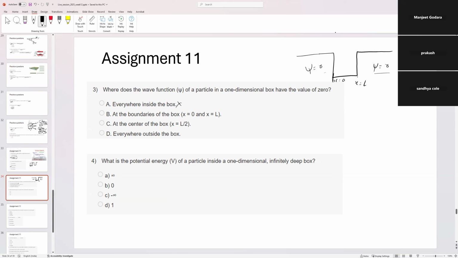Ultimately, you'll have node or anti-node. Node will be 0. Let me go inside. At the center, definitely it won't be 0. Anywhere inside, psi of x will be greater than 0. Everywhere outside the box is 0. At the boundaries too, actually.